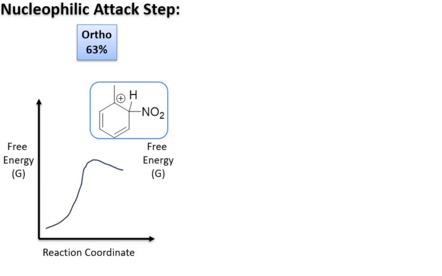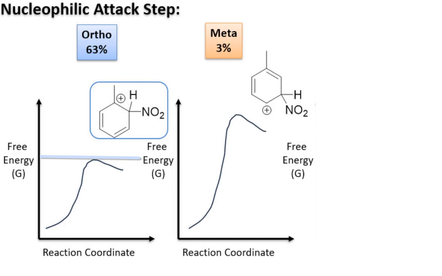So when we look at our ortho attack, you can see we have kind of an intermediate amount of activation energy, and then we end up with our product energy kind of about midway through the diagram here. When we look at the meta attack, it's much higher energy to perform the reaction, so much higher activation energy.